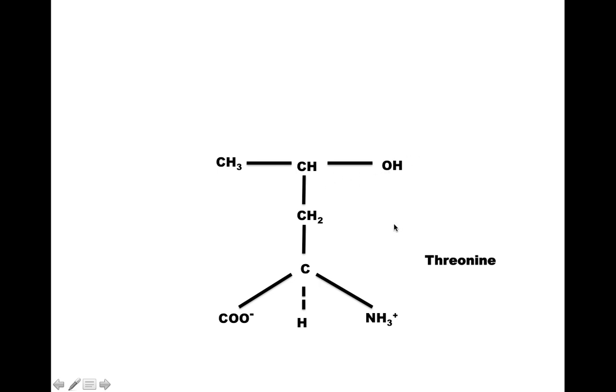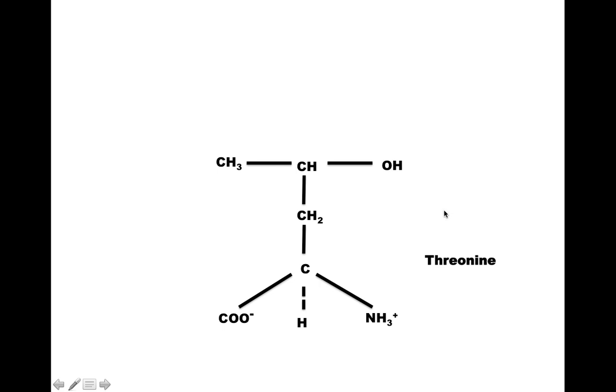Again, if I ask you which one has better solubility, serine or threonine, what would be your answer? Yes, both of them contain OH, but threonine has a longer aliphatic chain, which means it has more methyl groups, which means it is relatively hydrophobic, right?